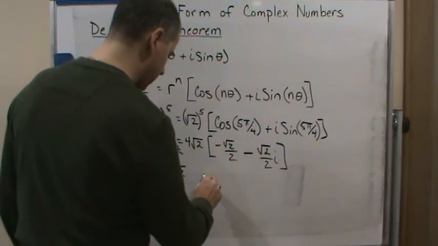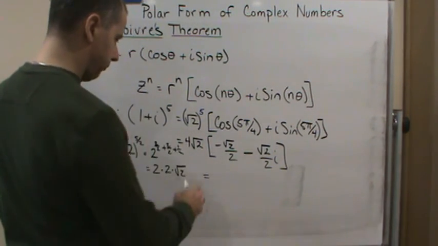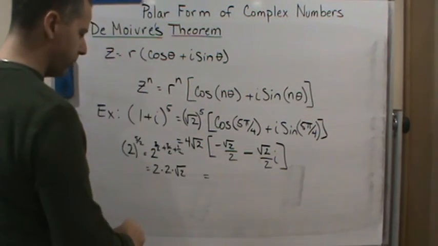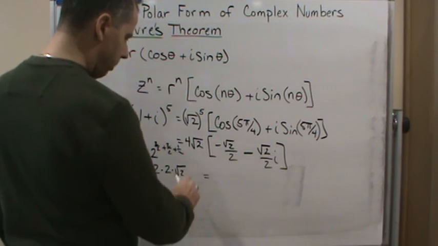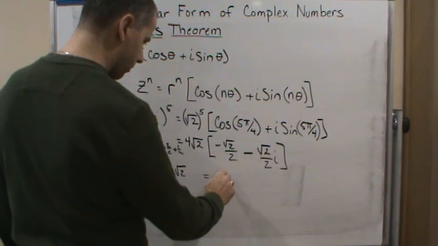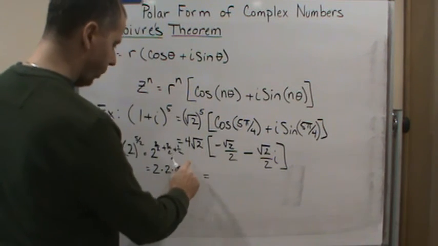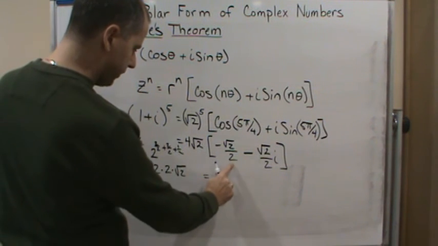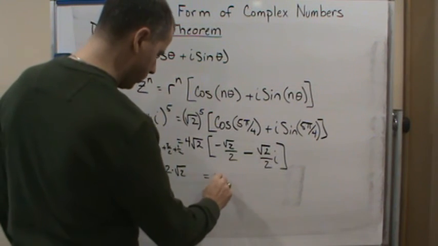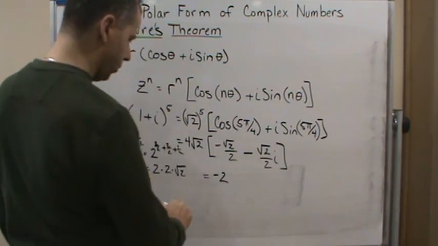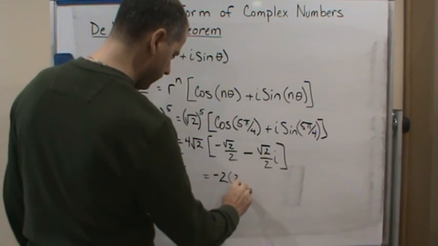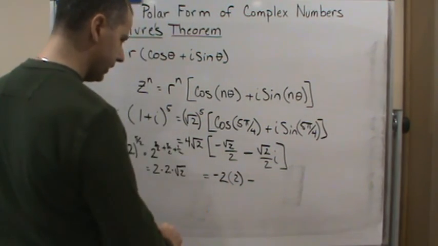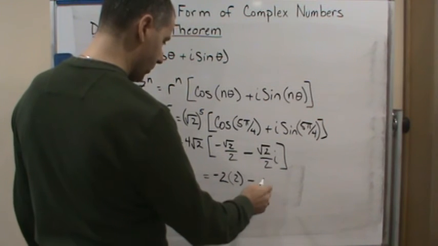Then I'm going to distribute the r, the modulus. The 4 is going to divide by 2, so that gives me negative 2, and then this times this just gives me 2, minus the same thing.